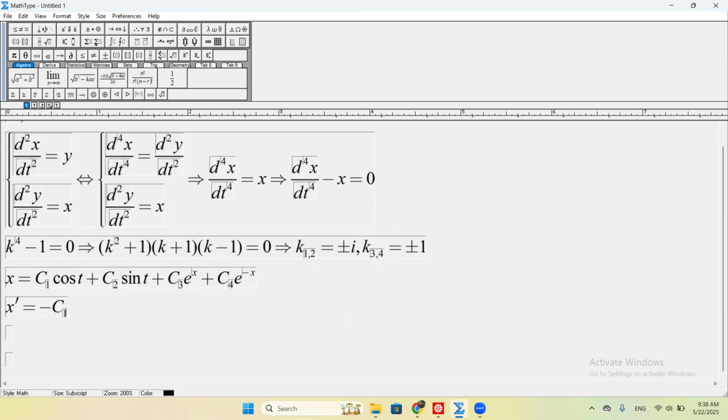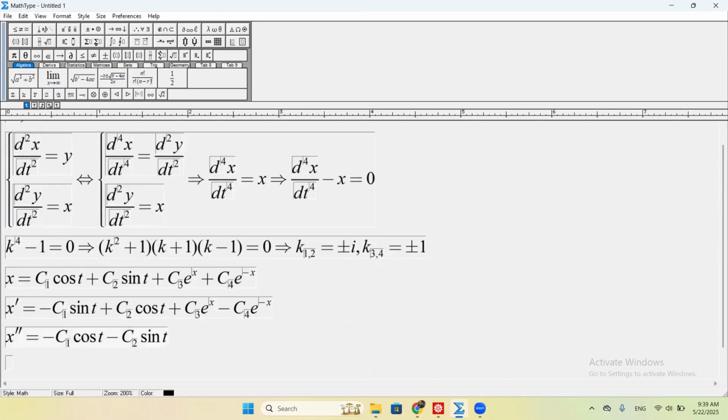Minus c1 sine of t plus c2 cosine of t plus c3 e to the power of t minus c4 e to the power of minus t, and finding the second derivative: minus c1 cosine of t minus c2 sine of t plus c3 e to the power of t plus c4 e to the power of minus t. And actually it equals y.